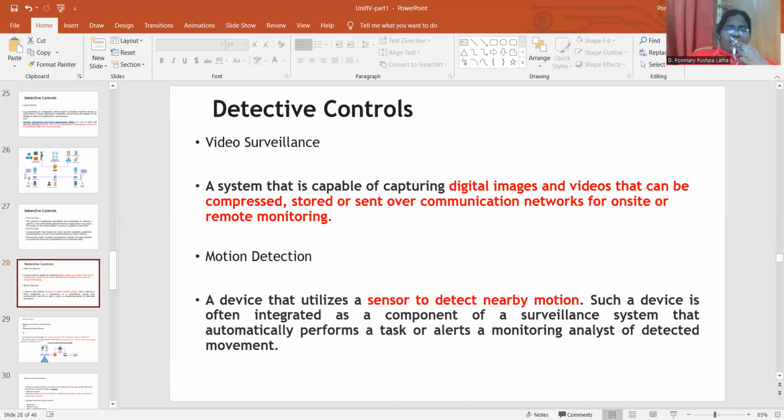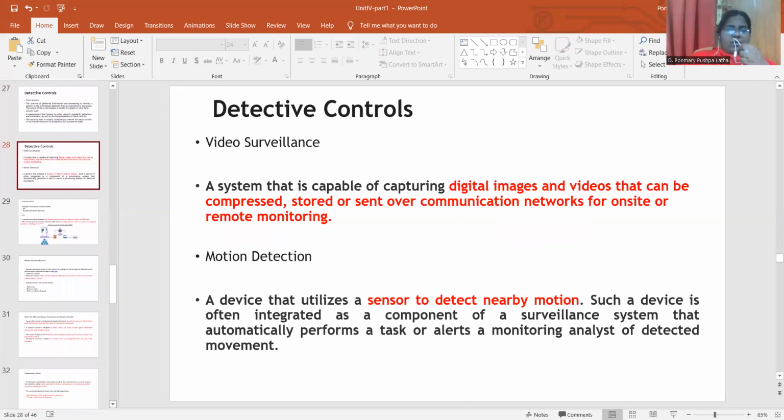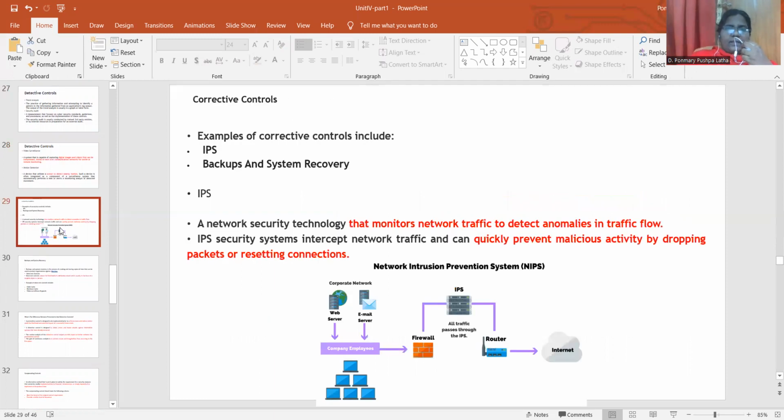Video surveillance: digital images and videos are captured, compressed, stored, or sent over the communication network. Then motion detection: a small movement nearby is detected. That also comes under the detective controls.